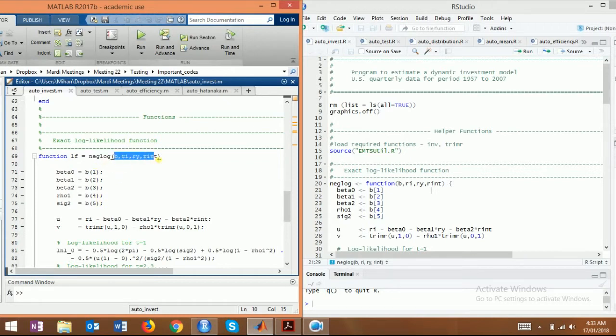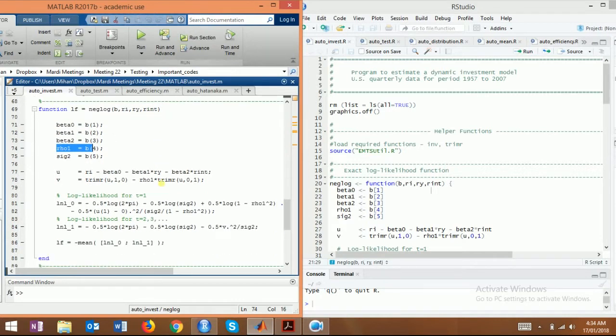Inputs are these parameters, where the first element of B is beta naught, the second element of B is beta 1, the third element of B is beta 2, the fourth element of B is rho 1, the fifth element of B is sigma square. So all the elements are known to us. Basically B is what theta is.